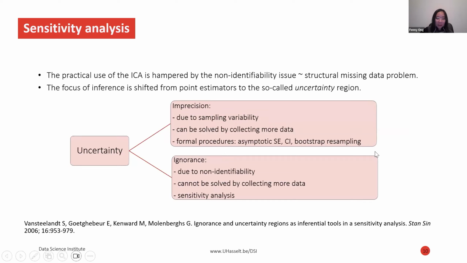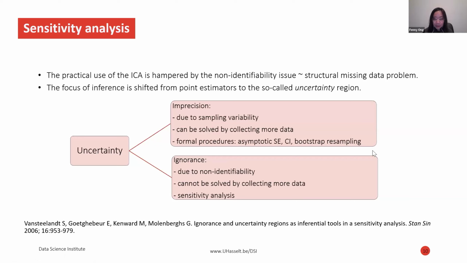As I mentioned, the practical use of the ICA is hampered by the non-identifiability, which can also be seen as a structural missing data problem, where half of the information cannot be estimated from the data. And in the case of non-identifiability, the focus of inference should be shifted from point estimators to the so-called uncertainty region or interval.